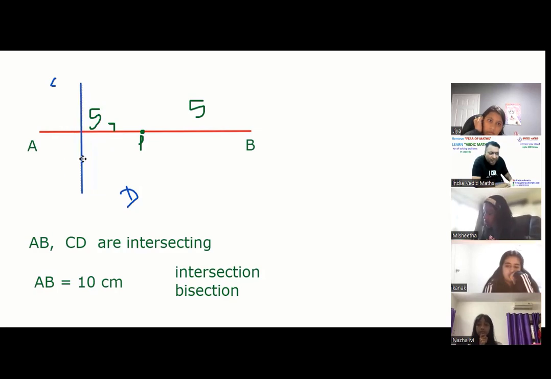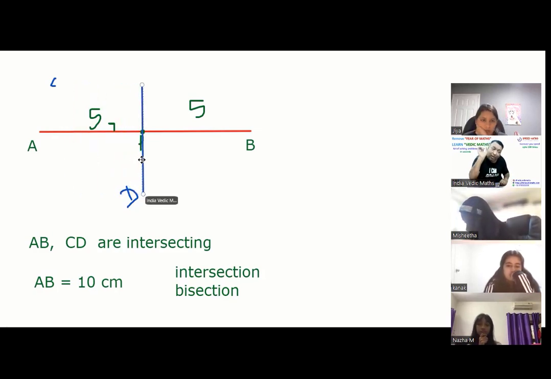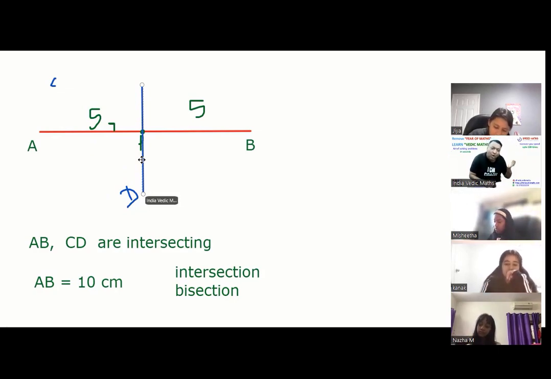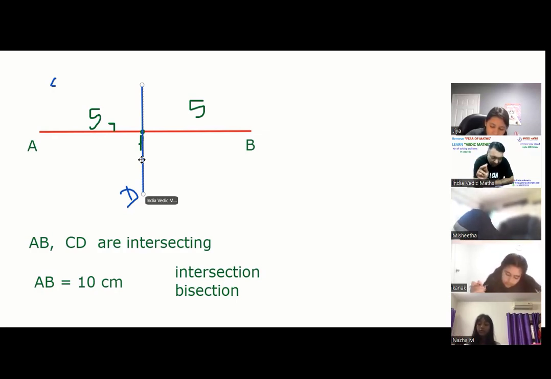Yes, it is intersecting. But if it cuts in equal halves also, it is perpendicular and bisection also. So two are different things, guys: intersection or bisection, perpendicular or not perpendicular. Clear? Perpendicular is about angles. Intersection and bisection are about whether the lines are equal or not.